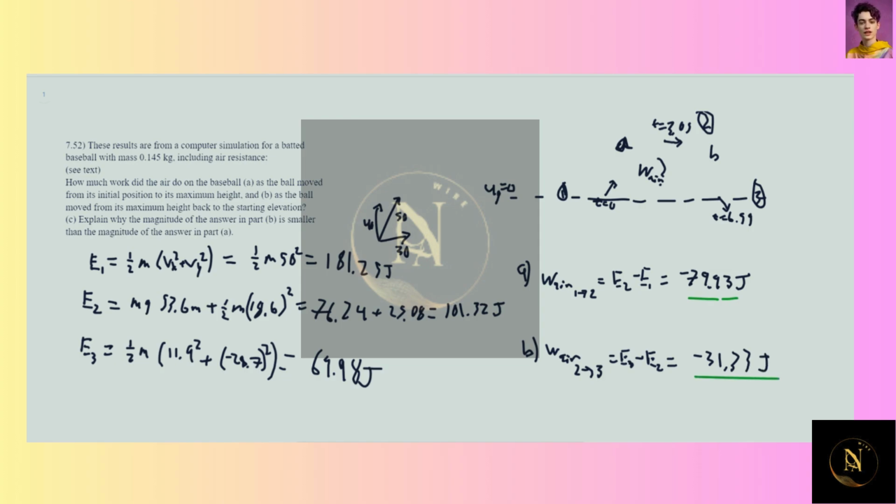Okay, then C. We're asked to explain why the magnitude of the answer in part B is smaller than the magnitude of the answer in part A. That is a discussion of how friction due to a ball traveling through the air works.